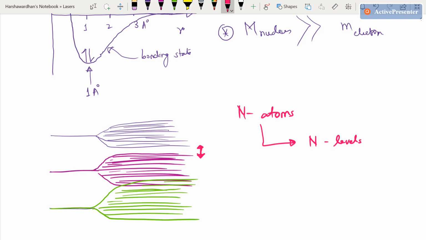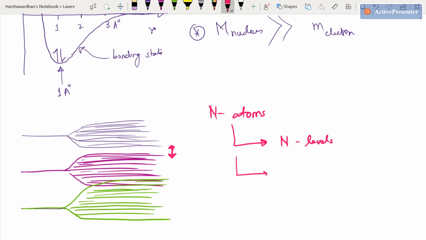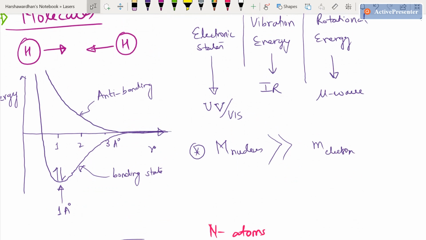And you see that the energy spread would actually now start depending on the interatomic distance, right? This is clear from the two atom scenario that we talked about here.